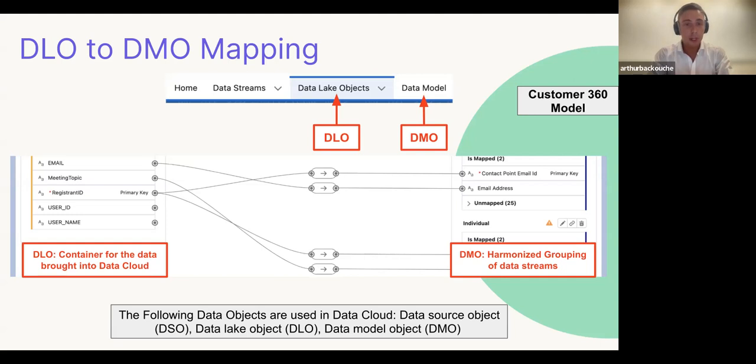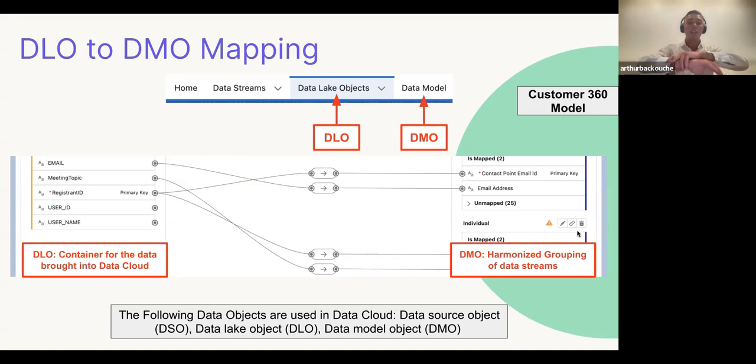Basically, a DMO, a data model object, is a planet that is part of an ecosystem, and this ecosystem contains other planets. There are roads between all these planets, and they communicate together and exchange data. We call this galaxy the Customer 360 model.